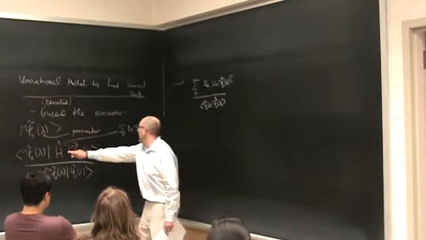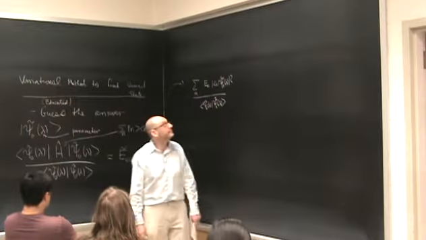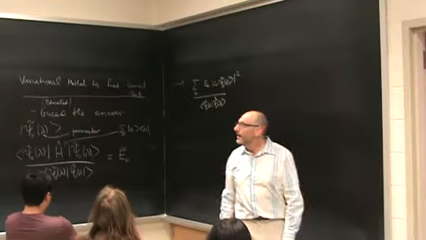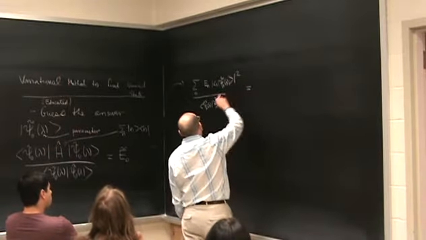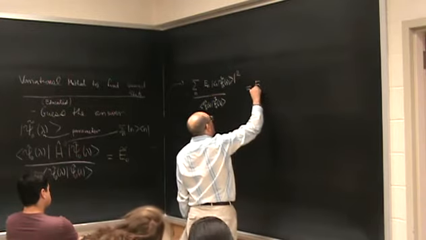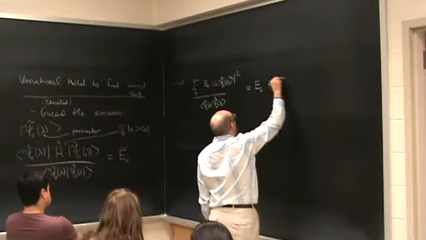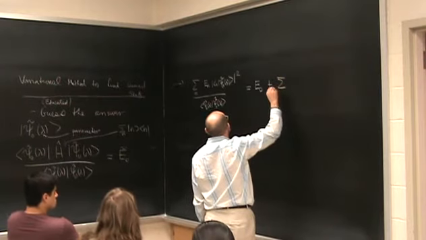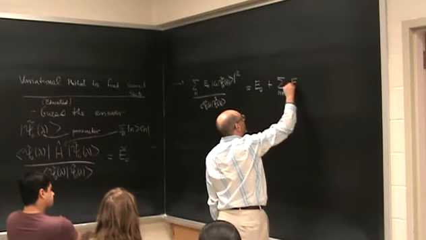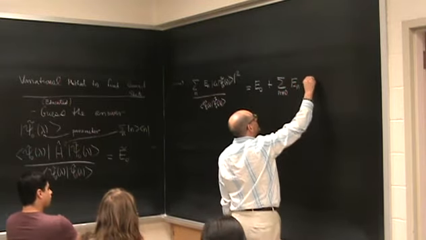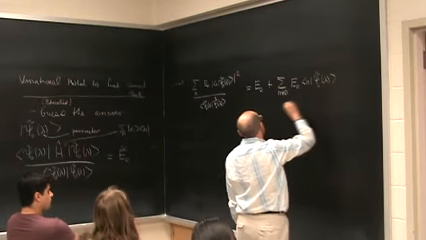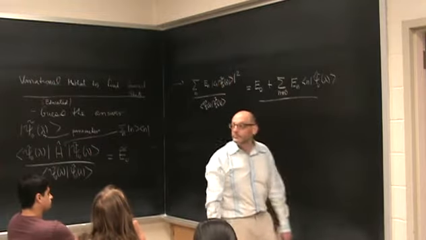So this becomes an eigenvalue En, and then I just sum over that. Okay? Now this I can write as E0 plus the sum over all of the states not equal to 0, En, over that.